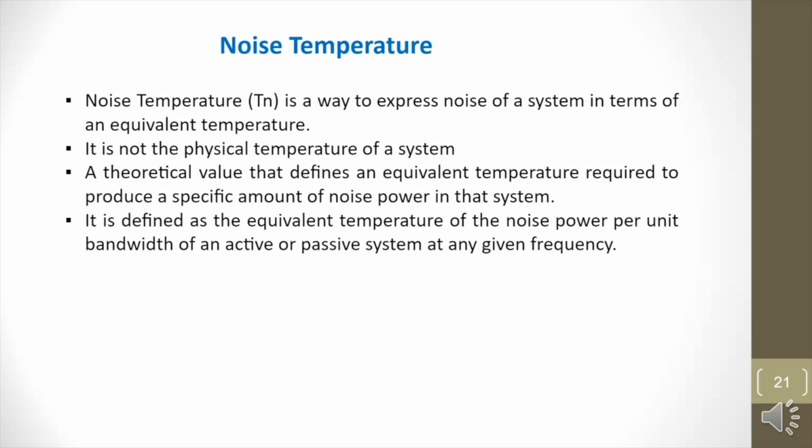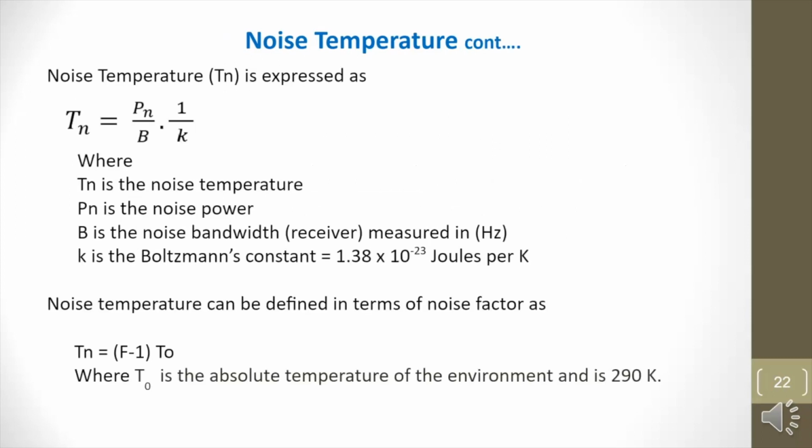It is defined as the equivalent temperature of the noise power per unit bandwidth of an active or passive system at any given frequency. The noise temperature is expressed as Tn = Pn / (B K), where Tn is the noise temperature, Pn is the noise power, B is the noise bandwidth, the receiver bandwidth measured in hertz, and K is the Boltzmann's constant, which has a value of 1.38 x 10^-23 joules per Kelvin.